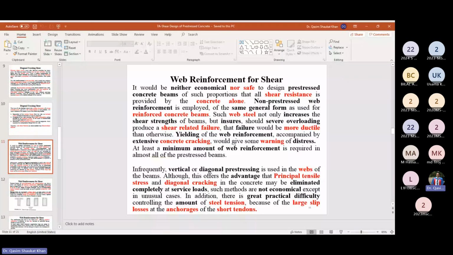Such web steel not only increases the shear strength of the beam, but it also ensures that in case of overloading, if a shear related failure occurs, it is more ductile and less brittle.